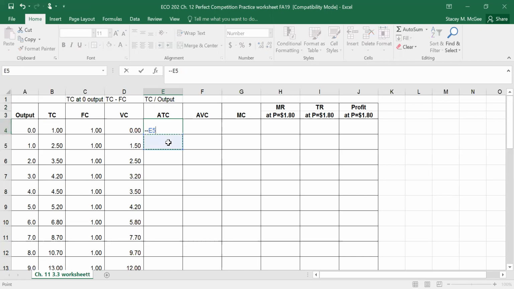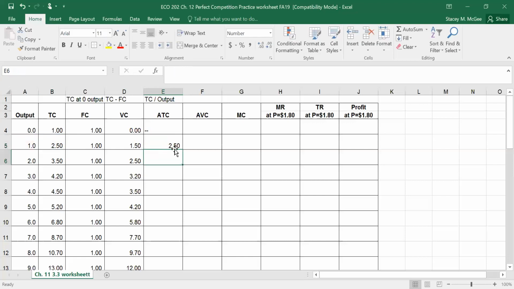But here, for this one, I'm going to take the total cost divided by the output. So I will take B5 divided by A5. Oops, doesn't like that one, sorry. B5 divided by A5, is that what I wrote? Oh, I forgot the divided by.